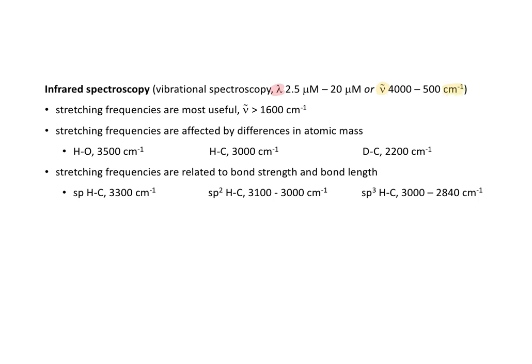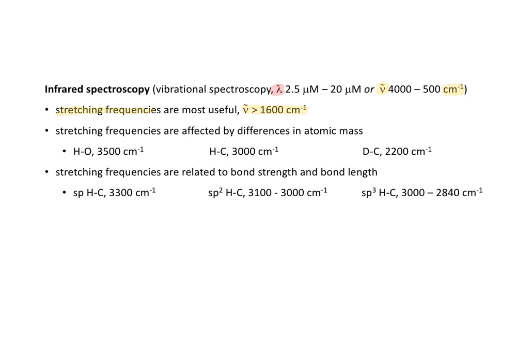In my opinion, it is the stretching frequencies that are most useful, and particularly at wave numbers above 1600 reciprocal centimeters. The reason being that there are many overlapping vibrations at lower wave numbers.